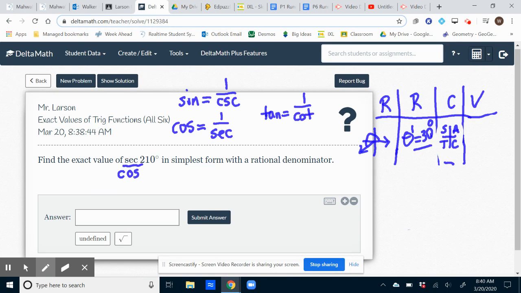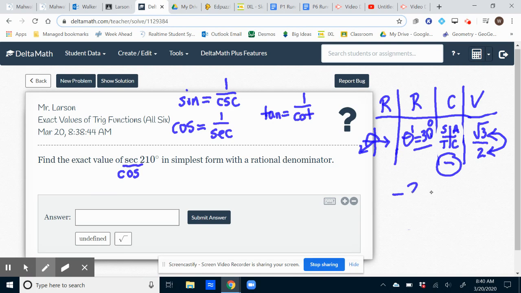Cosine is secant flipped. Okay, so my ring finger down, cosine, I would get radical 3 over 2 using my hand trick. But you need to flip that since the question doesn't ask about cosine, it asks about secant. Don't forget about this negative here.